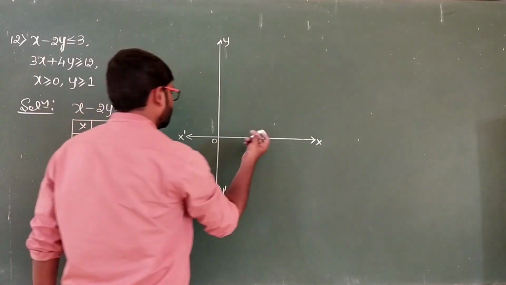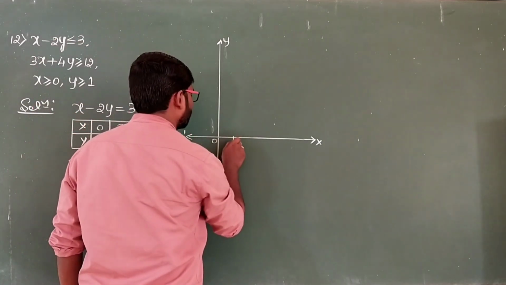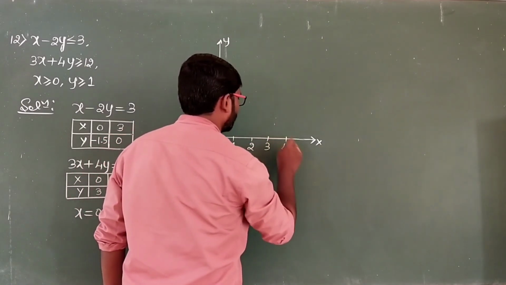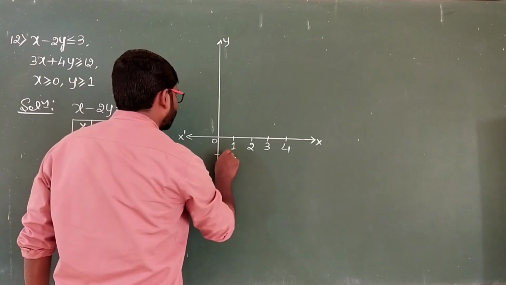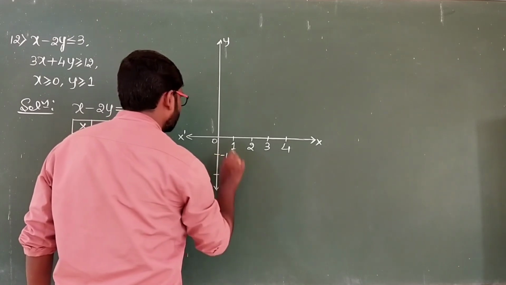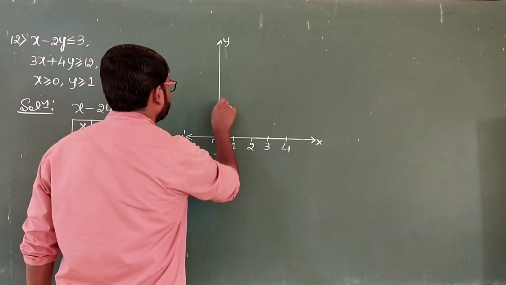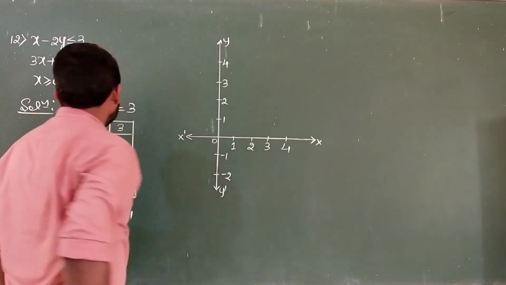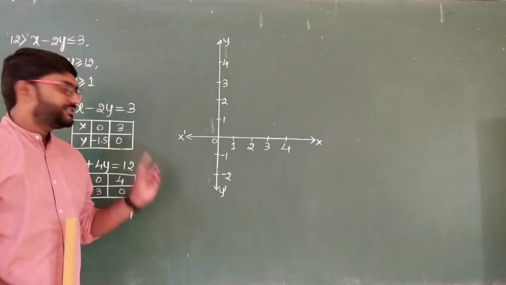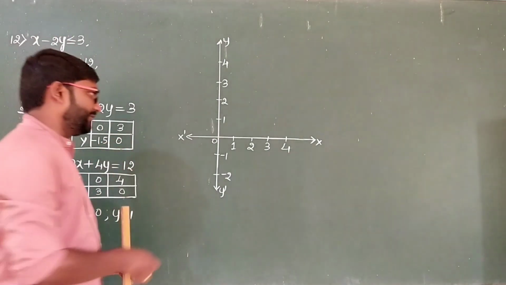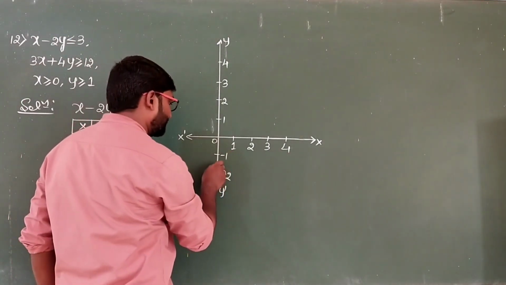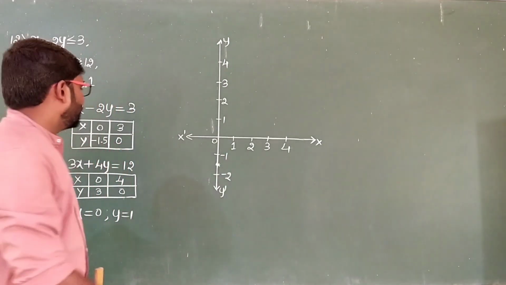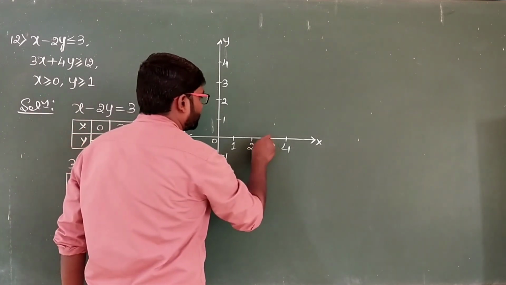Now mark the points here. So it is 1, 2, 3, 4, and then this side it is minus 1 and minus 2, and here we have 1, 2, 3, 4. So now go for the first one, 0 comma minus 1.5. When x is 0, y will be minus 1.5, means in between minus 1 and minus 2 we have minus 1.5, and then 3 comma 0, it is this point.